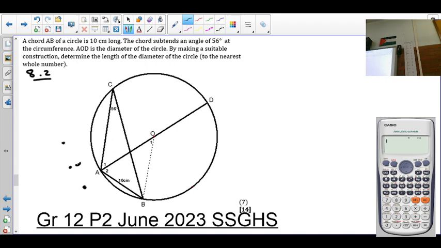Okay, it's 10 centimeters long. The chord subtends an angle of 56 degrees at the circumference.